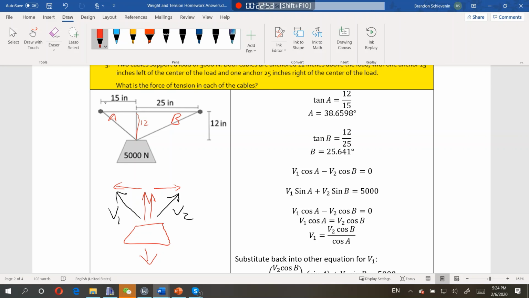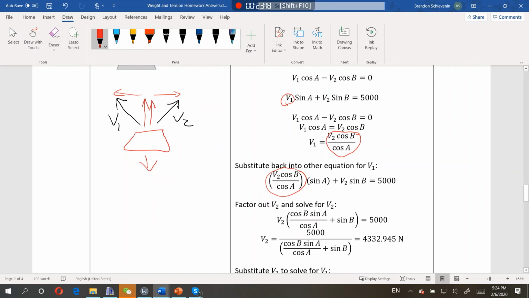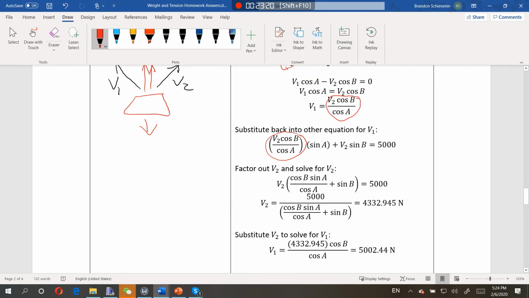So that gives us a system of equations. I've got two unknowns, so I'm going to use my top equation and solve for V1. Once I've got V1, then I can substitute it back into the other equation. So anytime I see a V1 here, I'm going to replace it with V2 cosine B. And then that allows me to factor out my V2.